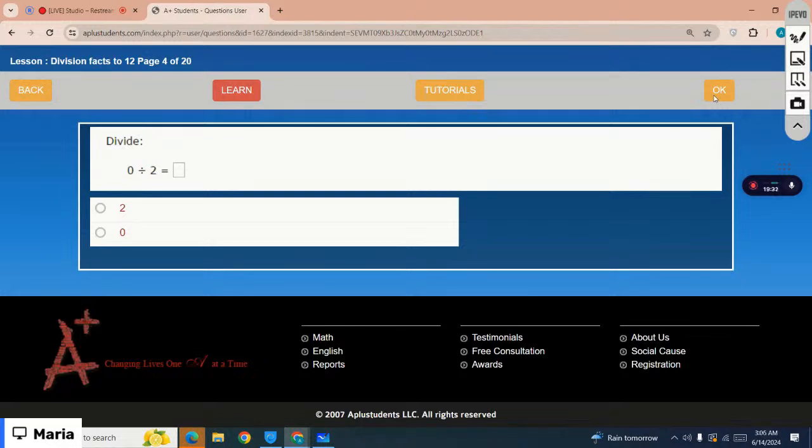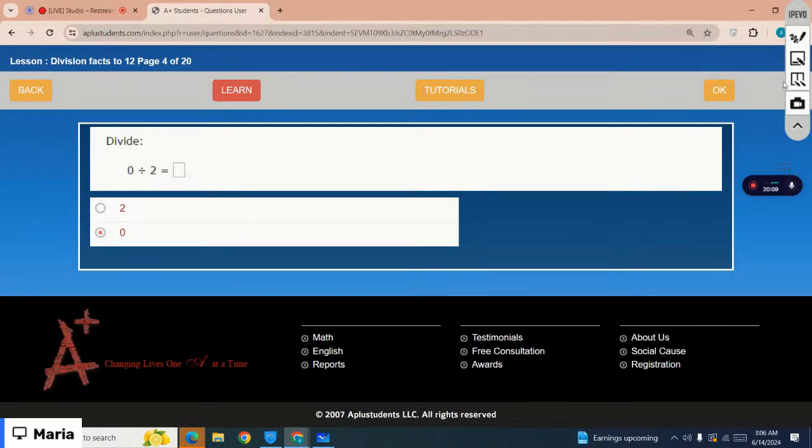The next one is 0 divided by 2. Which is the correct option? Zero divided by 2 is 0.